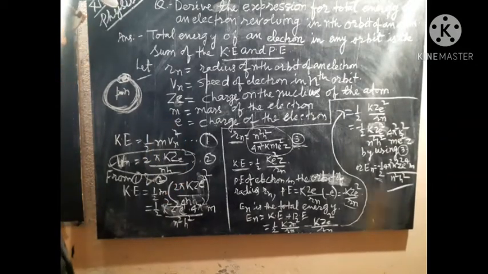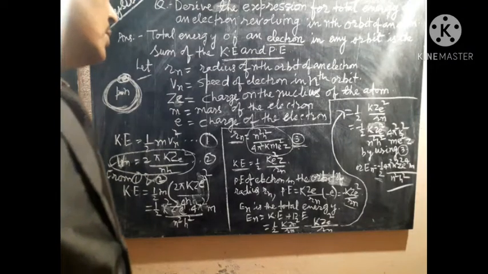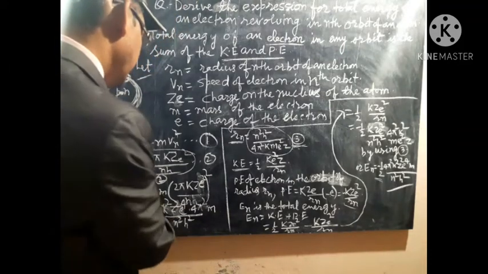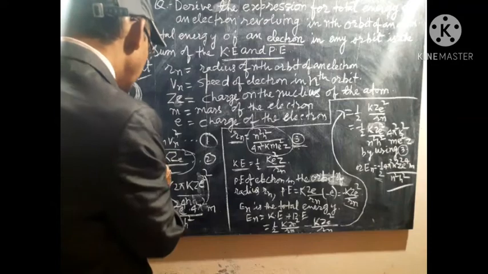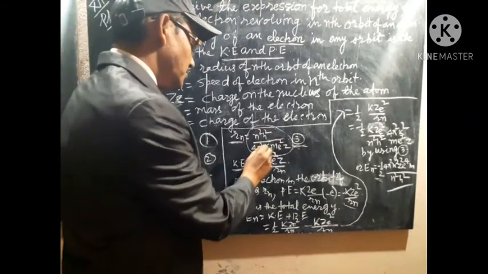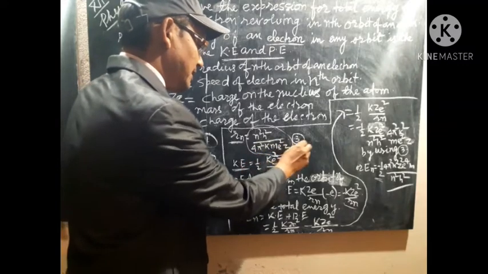If you keep this in memory, then you are able to find the expression for total energy. Vn is equal to 2 pi k Z e square by n h, and Rn is equal to n square h square by 4 pi square k m e square Z, that is the third.